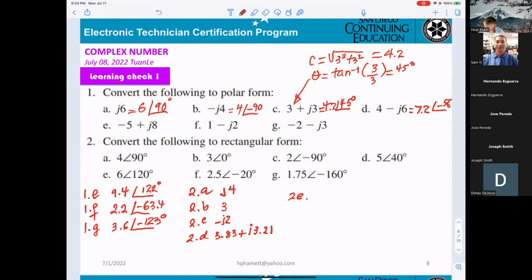Negative 3, you mean negative 3, plus j 5.2. Who gets the same? Looks good. Okay, 2F.